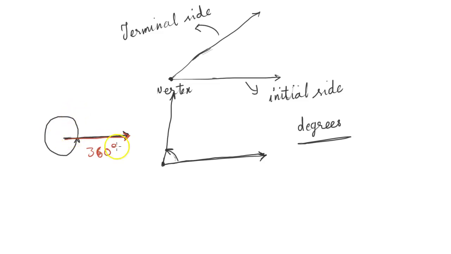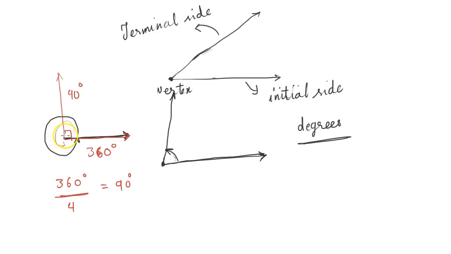So based on this, if I go one fourth of the way along this circle over here, it would be 360 degrees divided by 4, which is equal to 90 degrees. So this angle becomes 90 degrees.